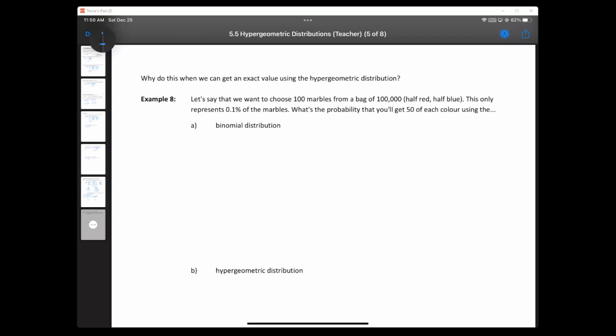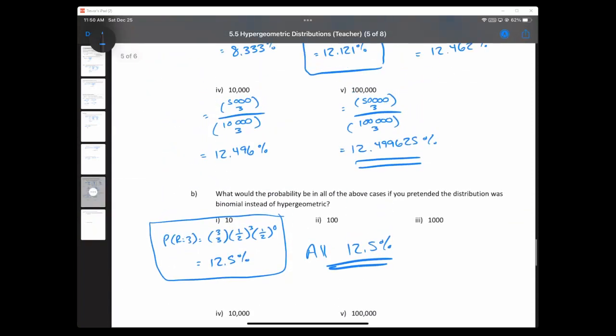So let's do one more example, and then hopefully this will drive home why this is true. Let's say we want to choose 100 marbles from a bag of 100,000, half red and half blue. Just to be clear, the only difference between this one and the last version we did is that instead of choosing 3 marbles, I'm choosing 100 marbles.